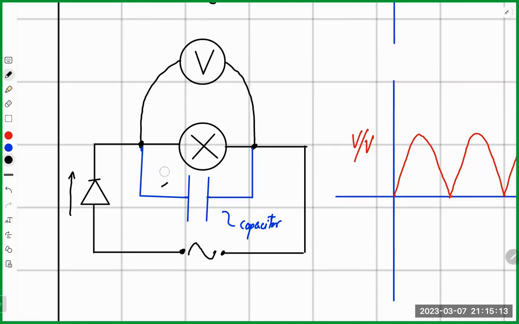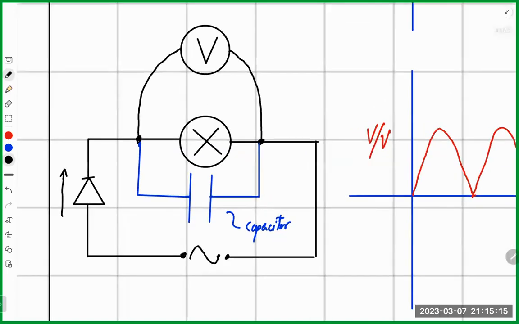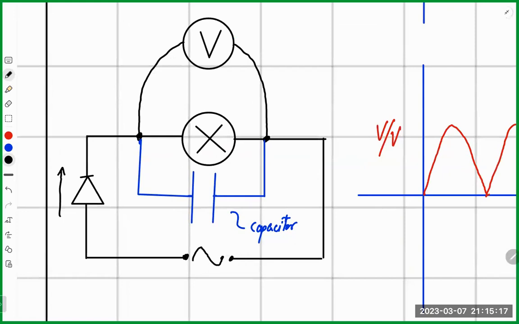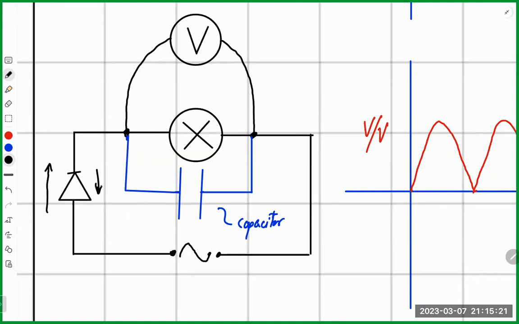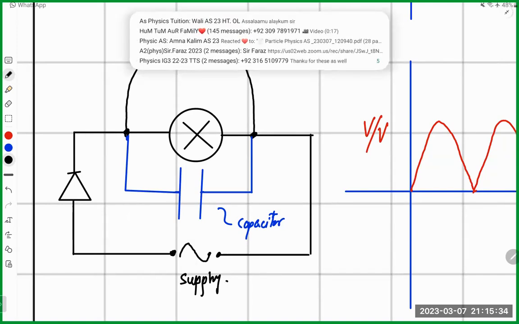So when the direction of current changes and current wants to come the other way around, the diode will stop the circuit and there will be no current from the supply working in the circuit.